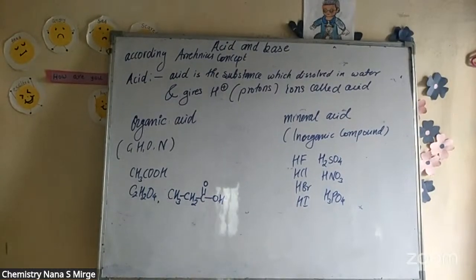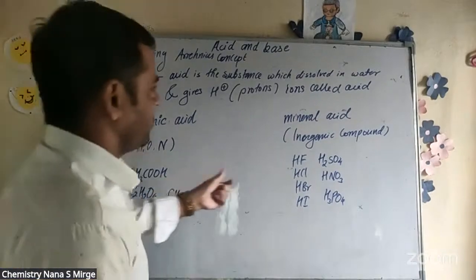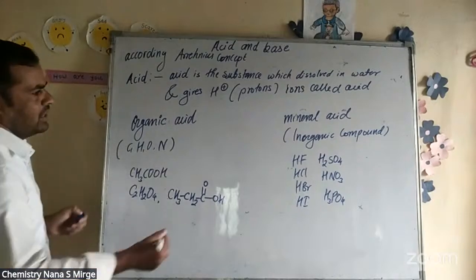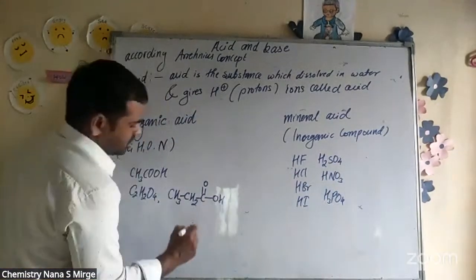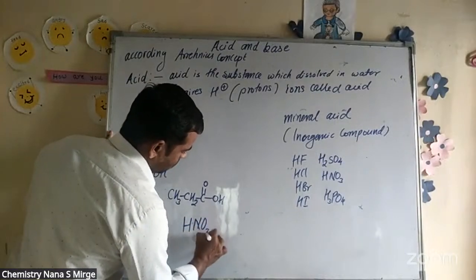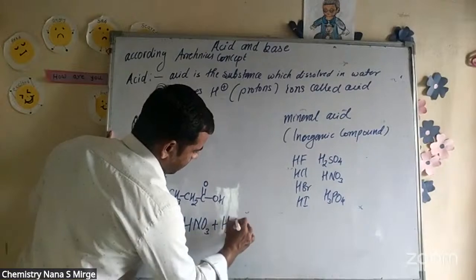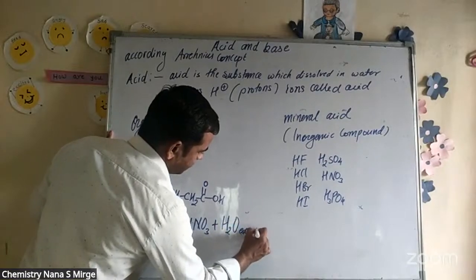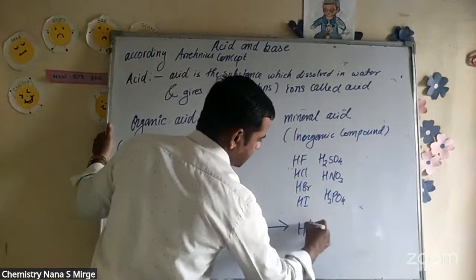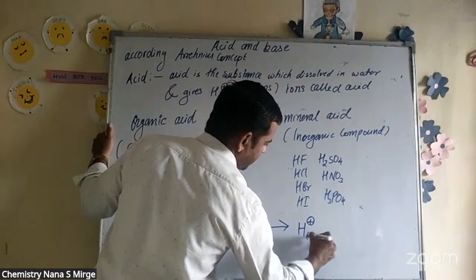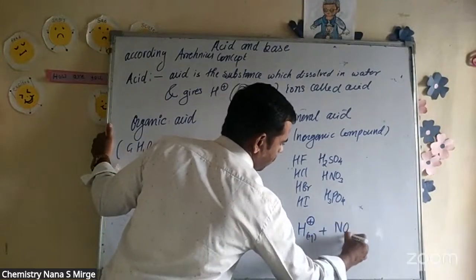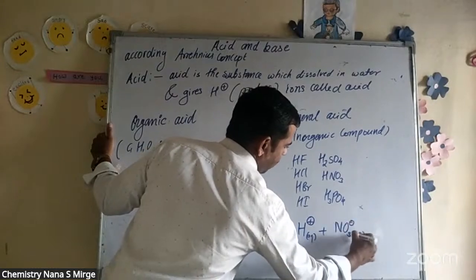There is very little difference between mineral acid and organic acid, since both dissociate. For example, HNO3 is a mineral acid. It dissociates in water, H2O, and gives H plus ion in aqueous form plus NO3 negative in aqueous form.